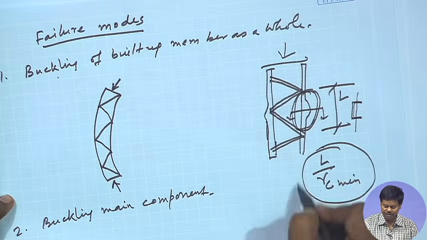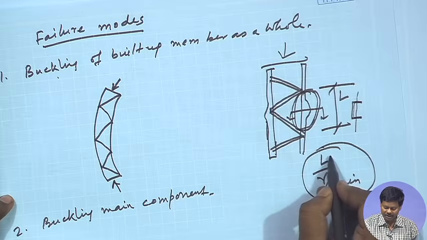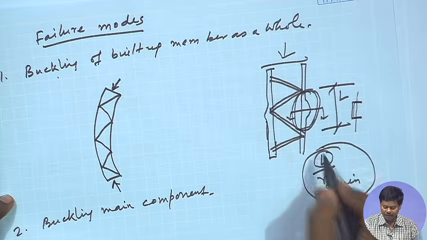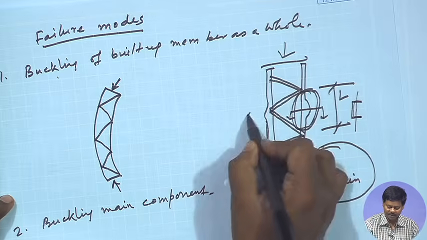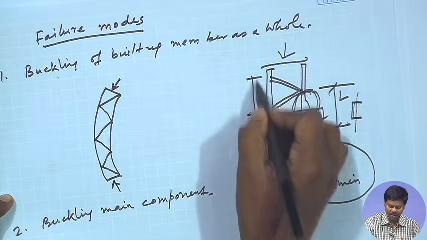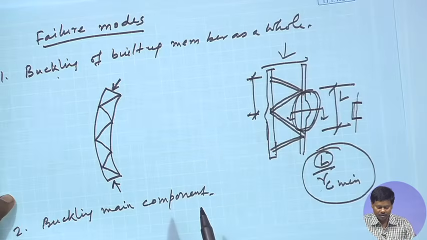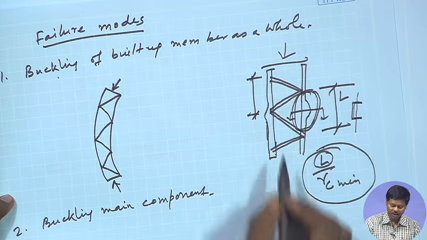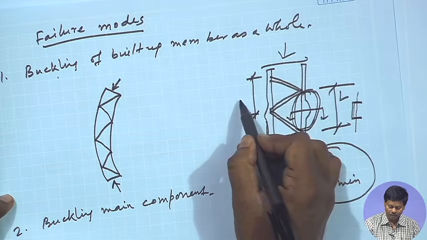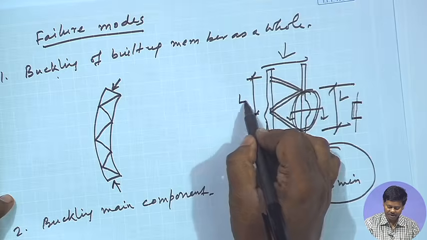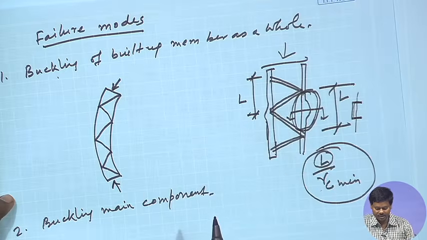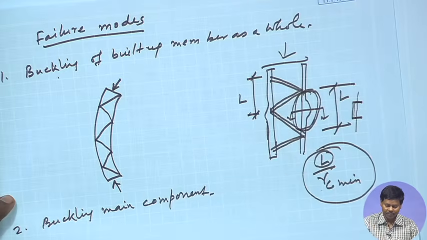So, some restriction we should provide. The slenderness ratio is restricted, and to restrict the slenderness ratio we have to restrict the length. That means spacing between 2 lacing has to be decided. So, from failure of local buckling we can find out what should be the maximum distance between 2 lacing, L. So, this is what we have to decide.